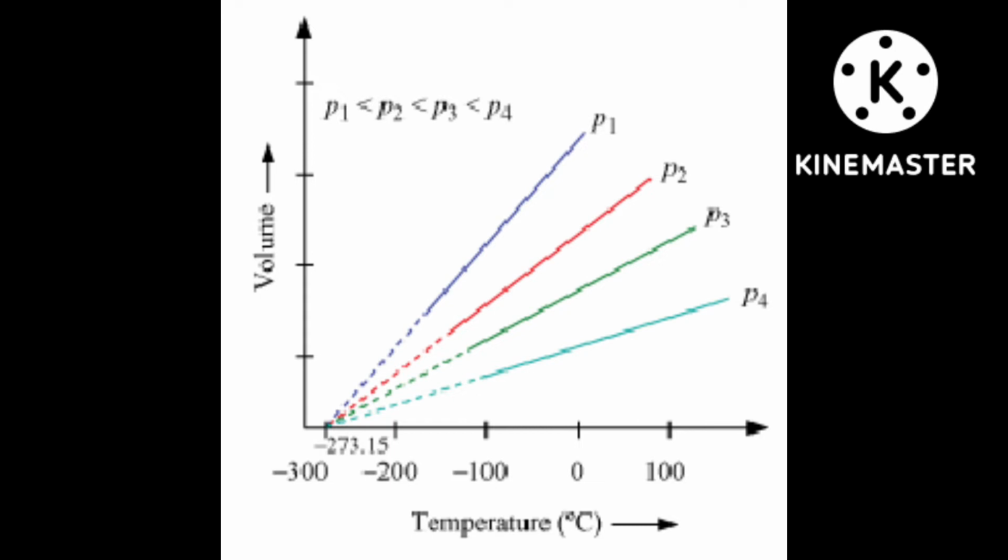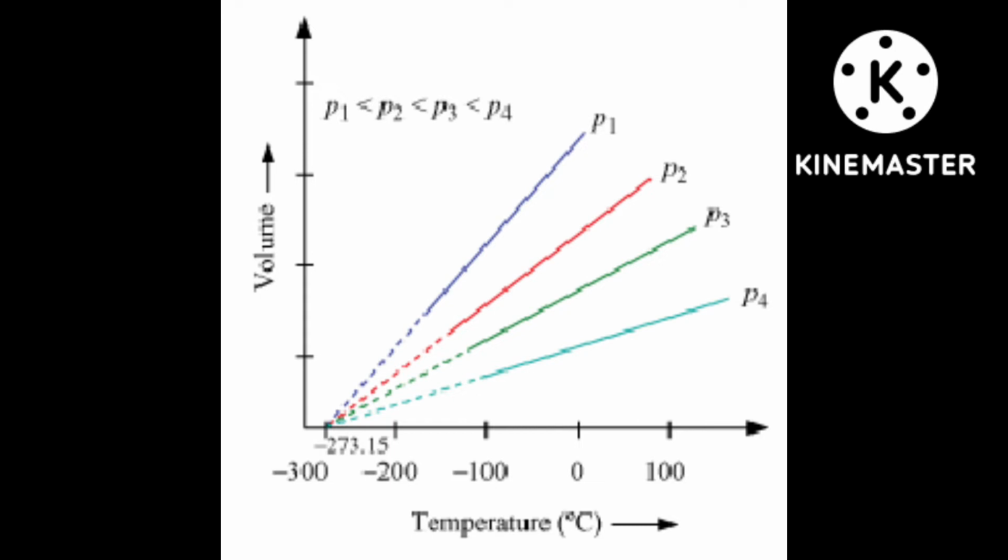Okay. Now easily you can rearrange these things. Only from this equation, simply rearrange: V1 upon T1 is equal to V2 upon T2.